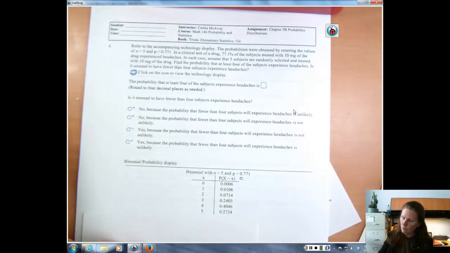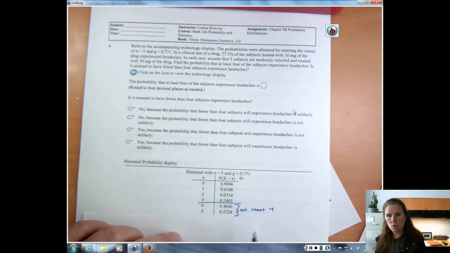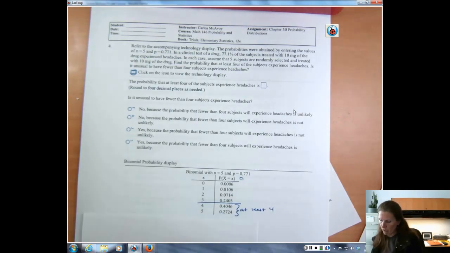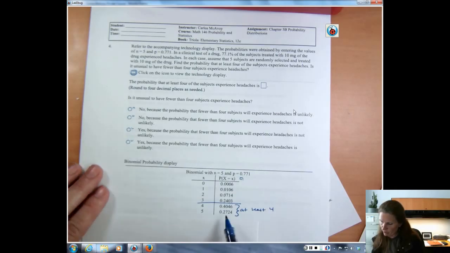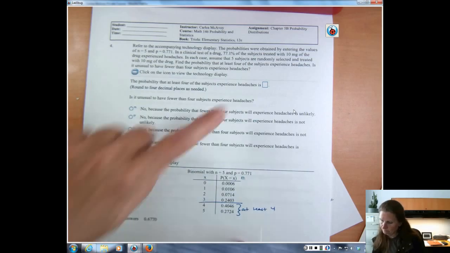But when they say at least 4, that means we could have had 4 or 5. So the probability that at least 4 experienced that, we would add those two numbers together, 0.6770. Yep. So that's just adding those two numbers together to get that.